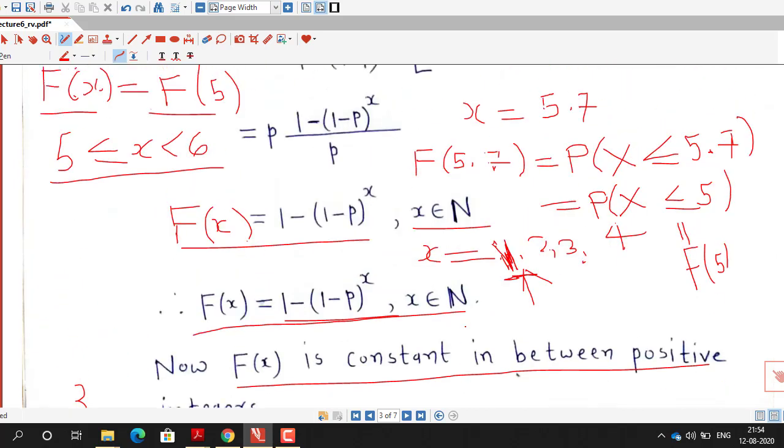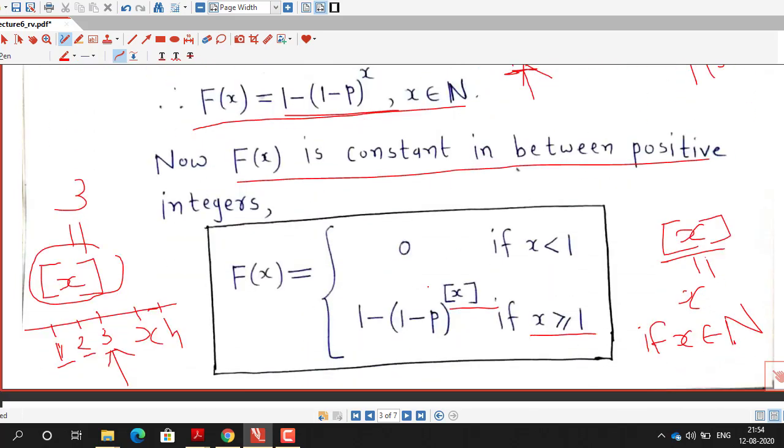So as I discussed, if I have to find out f of 5.7, then it will be 1 minus p raised to the integral part of 5.7, which is the largest integer less than or equal to 5.7, that is 5.